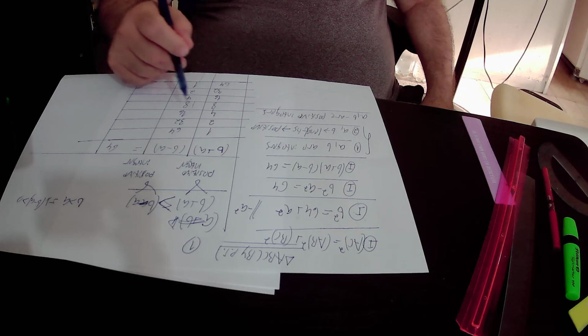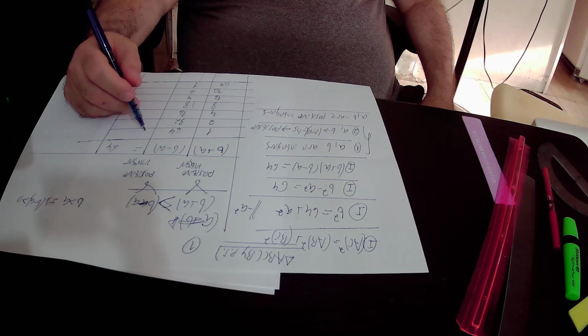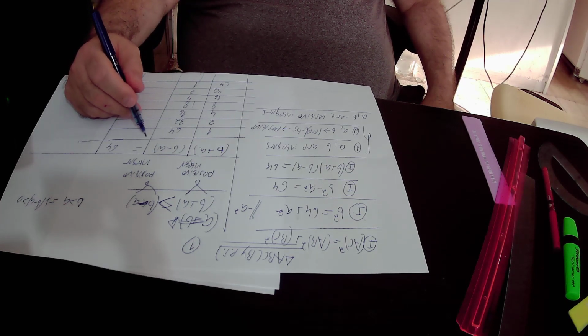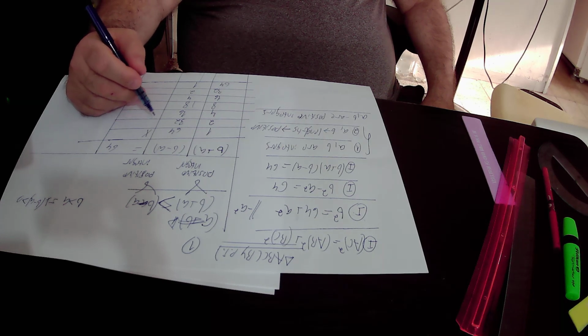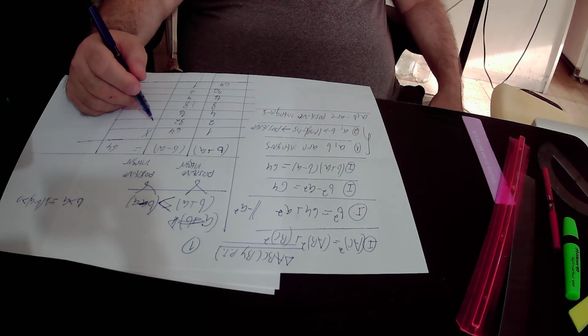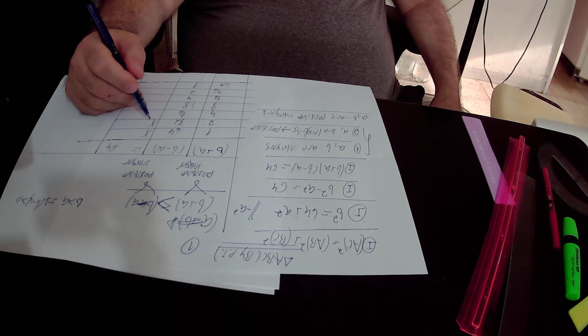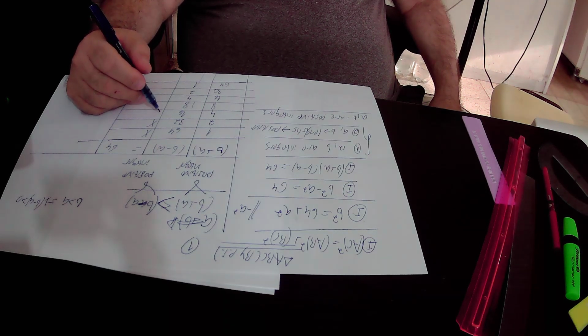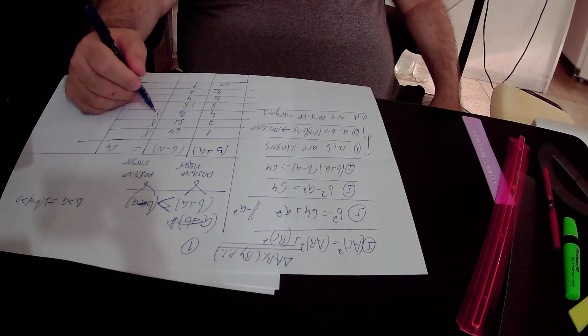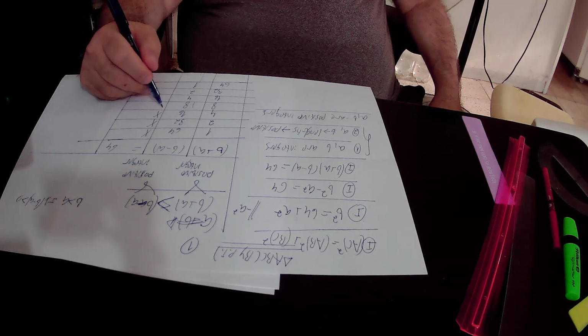So 1 is not greater than 64, so this option will be cancelled. 2 is not greater than 32, therefore this option will get cancelled. 4 is not greater than 16, so we'll cancel this option. 8 is not greater than 8, we'll cancel this solution.